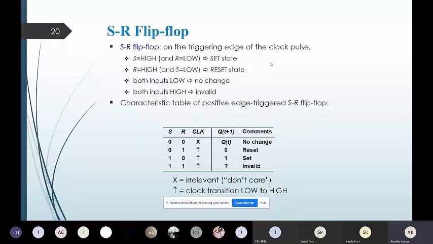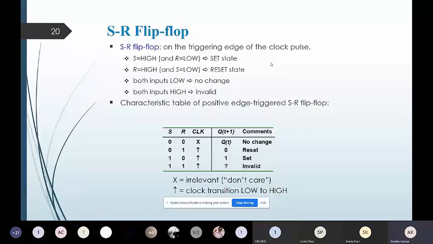For example, if I say D latch or D flip-flop, only one input D acts for that operation. Similarly, if I say JK or SR flip-flop or latch, then JK or SR are the inputs for that latch or flip-flop.